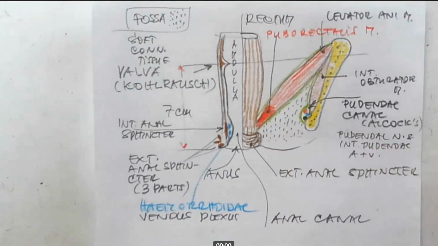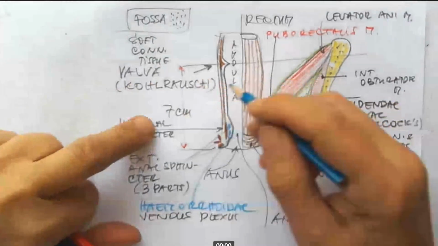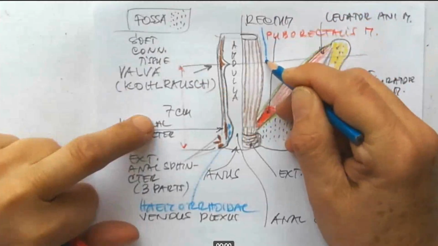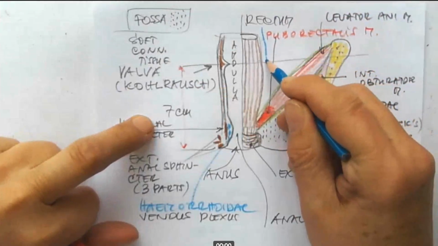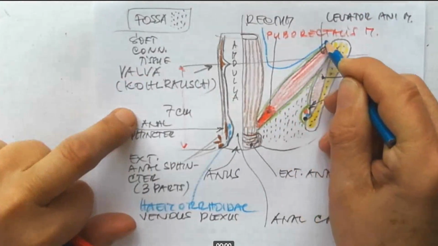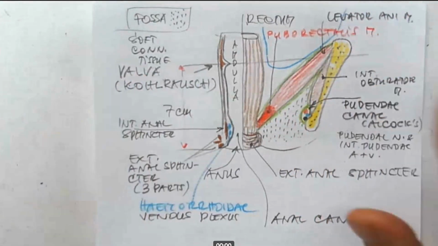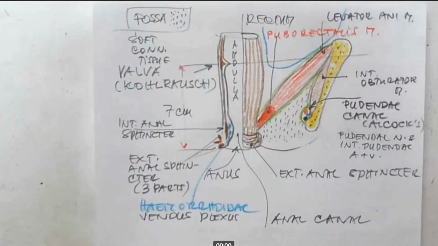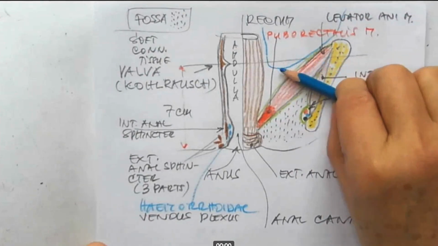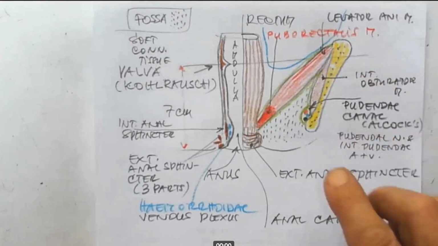And then why did we mention 7 centimeters? This is easy because peritoneum covers the wall of the rectum up to the level of that Kohlrausch's valve. So here you see that peritoneum covers and lines the cavity. Here we are in the abdominal peritoneal cavity. Here we are in the subperitoneal space.